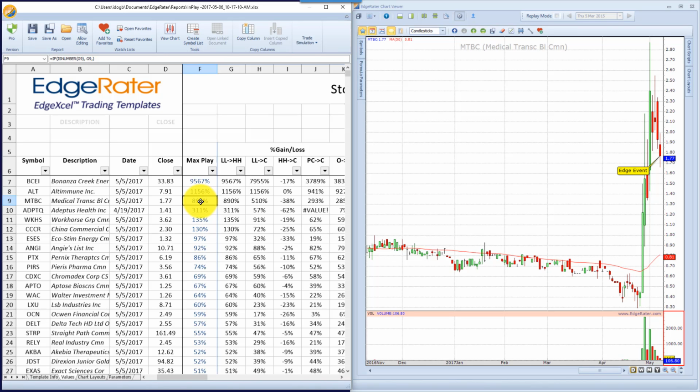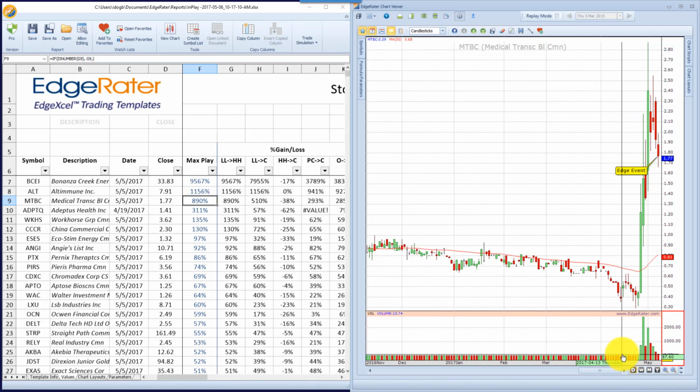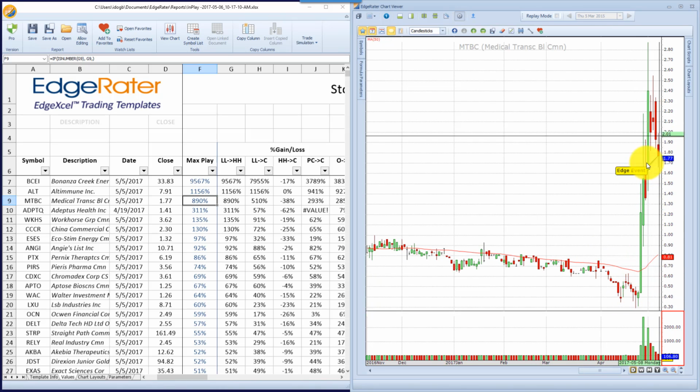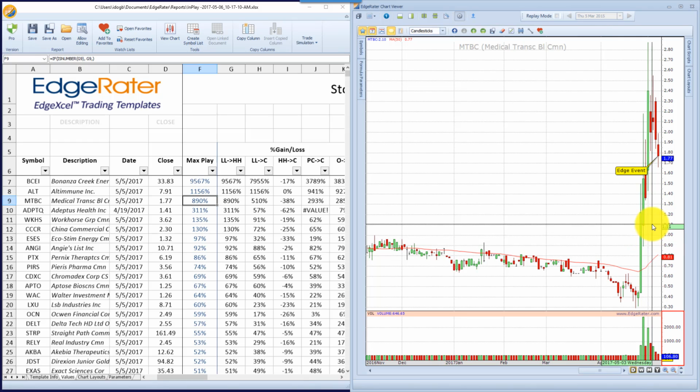Okay, so we're looking at max plays. Here volume, average volume, let's say, prior to this last couple of weeks was quite low. Now some interest has come in here with this volume, and it's shot above the 50 period moving average. Very low price stock.